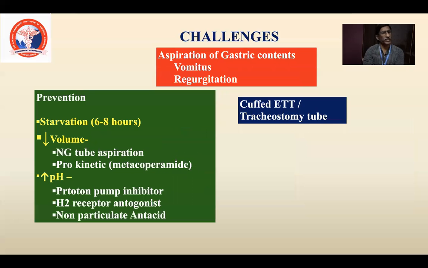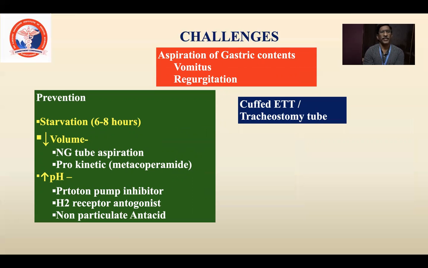So how can we prevent? Ask the patient to starve 6 to 8 hours so that the gastric contents are less. Then we can reduce the volume by NG tube aspiration passed through the nose, or a prokinetic drug like metoclopramide.